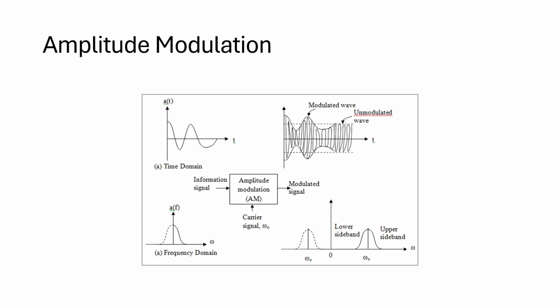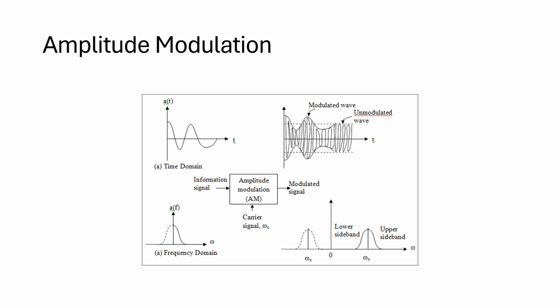When we analyze the modulated waveform, the envelope of the amplitude modulated waveform traces the message signal. So we can say that in the carrier signal, the message signal lies in the amplitude of the carrier signal.